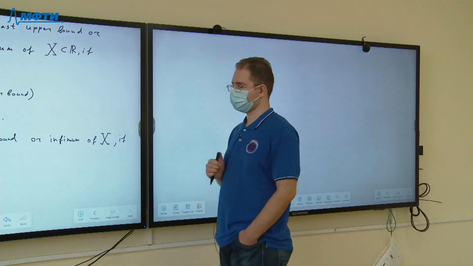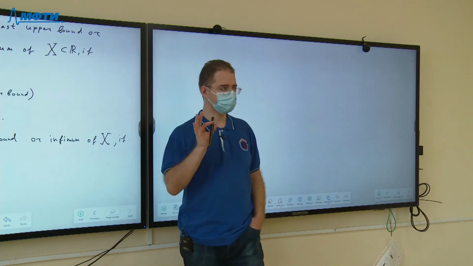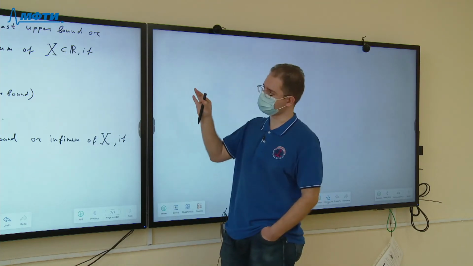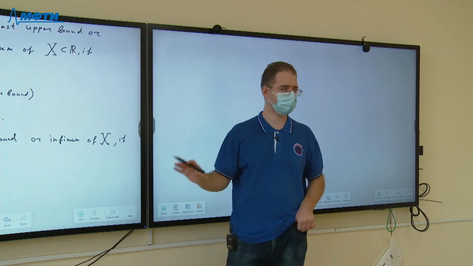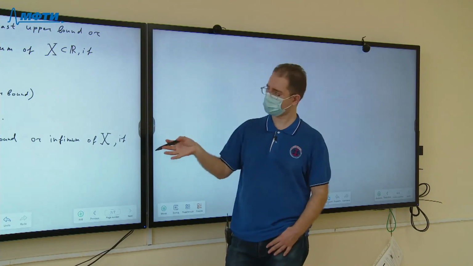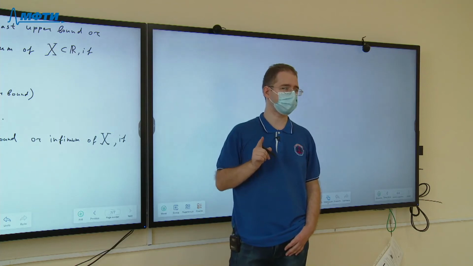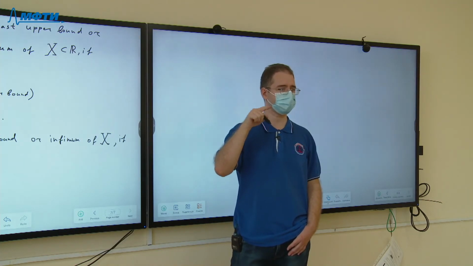Okay, now everything I said so far about bounded sets, bounds, and the exact bounds, I said about the set of real numbers.